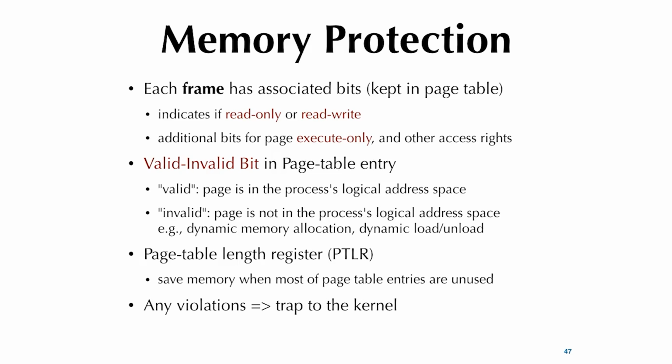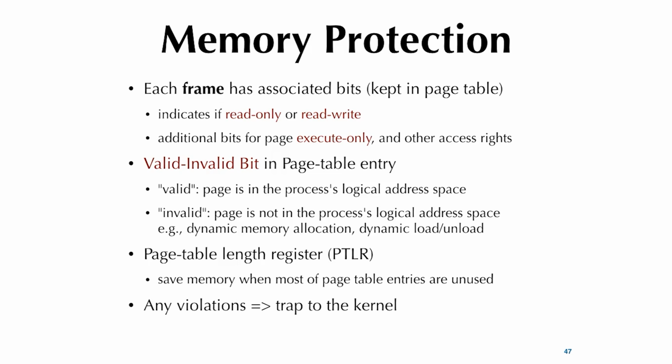These are possible access rights you might also want to put in your page table, and they get loaded into your frame at the time too, and also the TLB, so that any attempt to access as part of translation also checks it against the access type, so that it can intercept anything that violates it, and then traps to the kernel to handle.